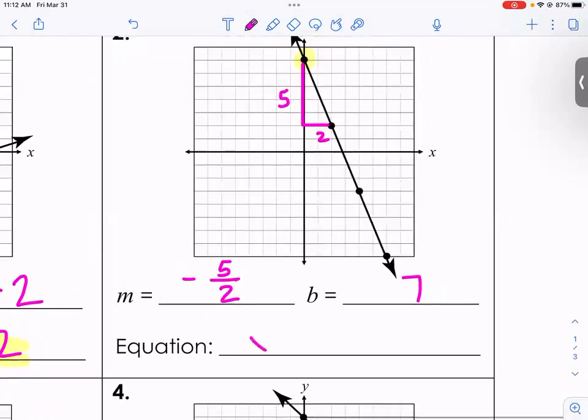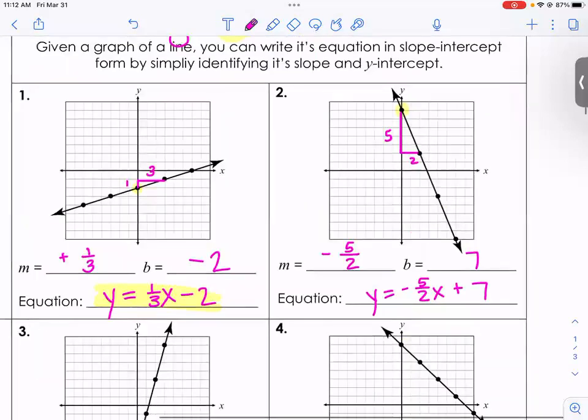Ooh, so y equals mx plus b. Since our b is positive, yes, we will write plus 7. If it was a -7, we put a minus. Correct. Kind of like we did in our first one. Since it was a -2 for our y-intercept, we wrote -2.